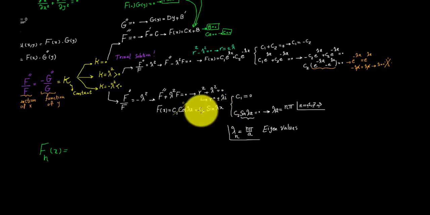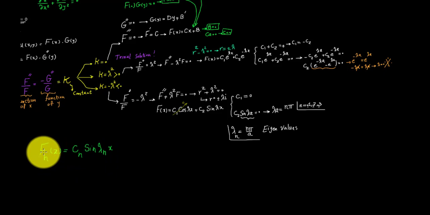So this c for now doesn't matter. I will leave it with a cn times sine of lambda n times x. So we found the format of this capital F.